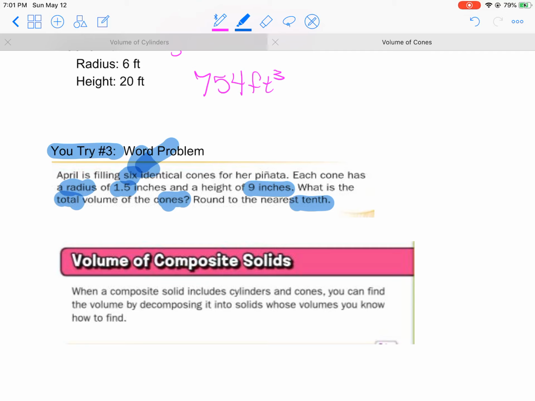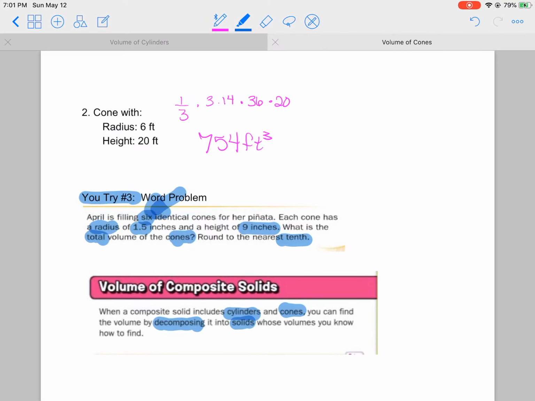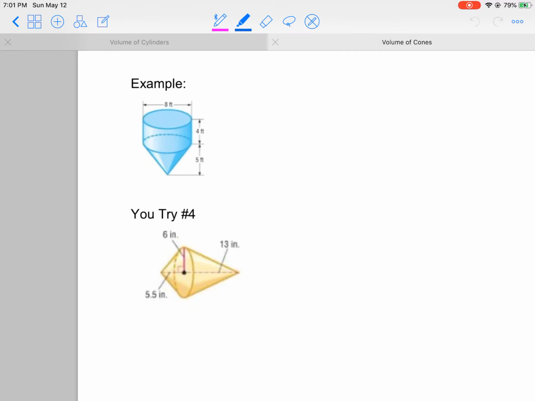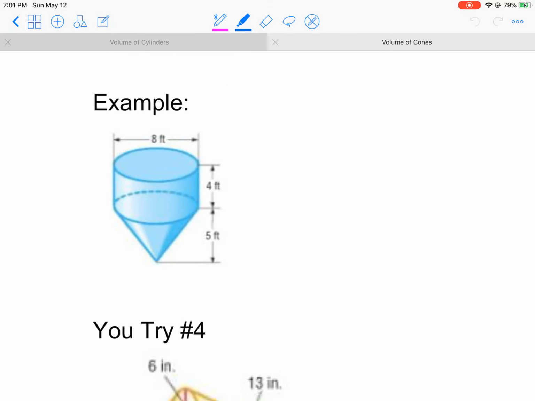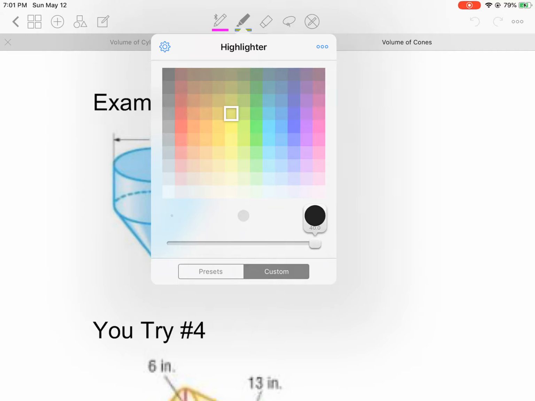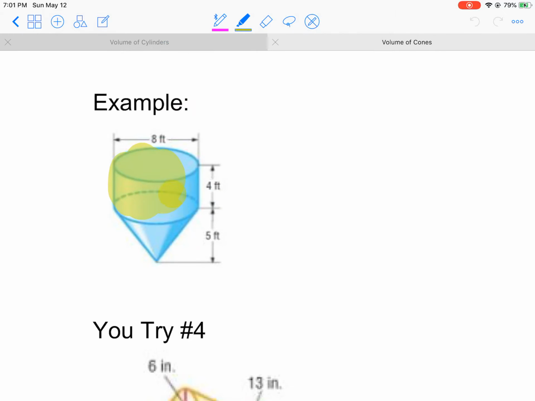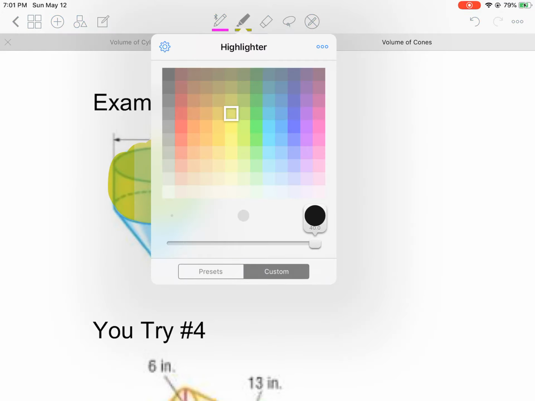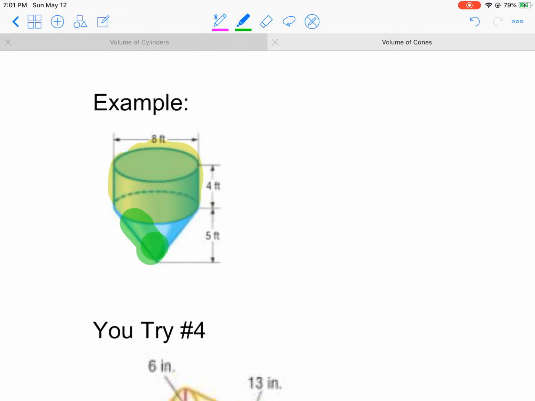Okay, the next thing that we're going to be doing is finding the volume of composite solids. Remember, composite is like a compilation, multiple things. When a composite solid includes cylinders and cones, you can find the volume by decomposing it into solids whose volumes you know how to find. So for example, we've got a cylinder right here, and then we've got our cone right here.